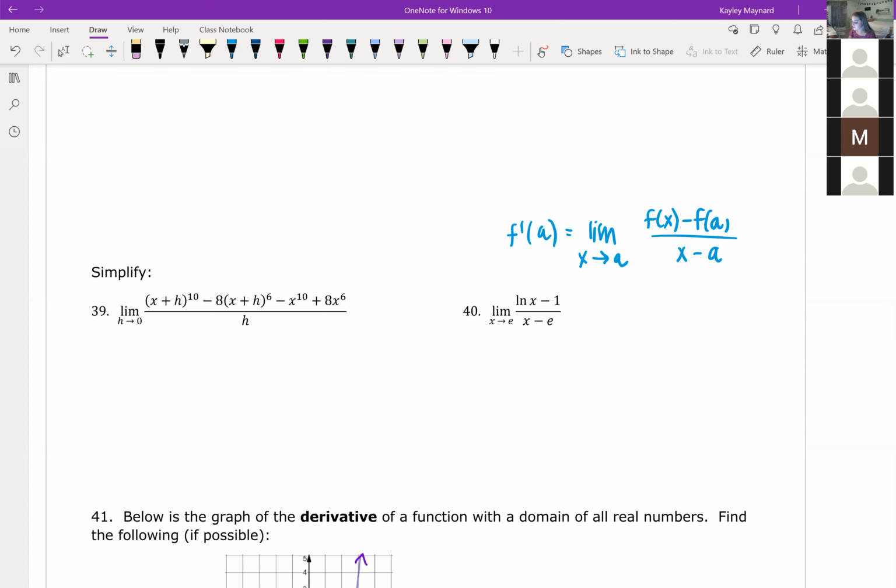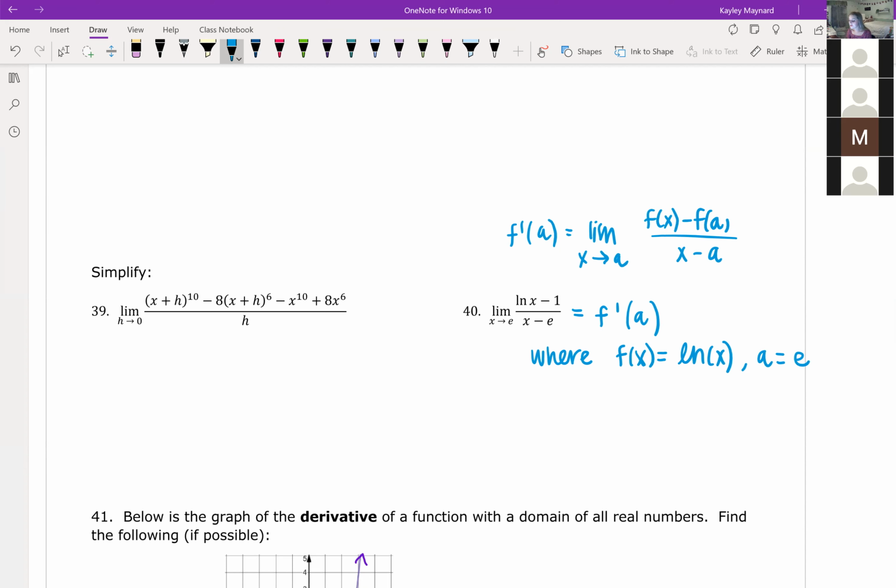So this is really just equal to f prime of a, where f of x is equal to ln of x, and a is e. There we go.